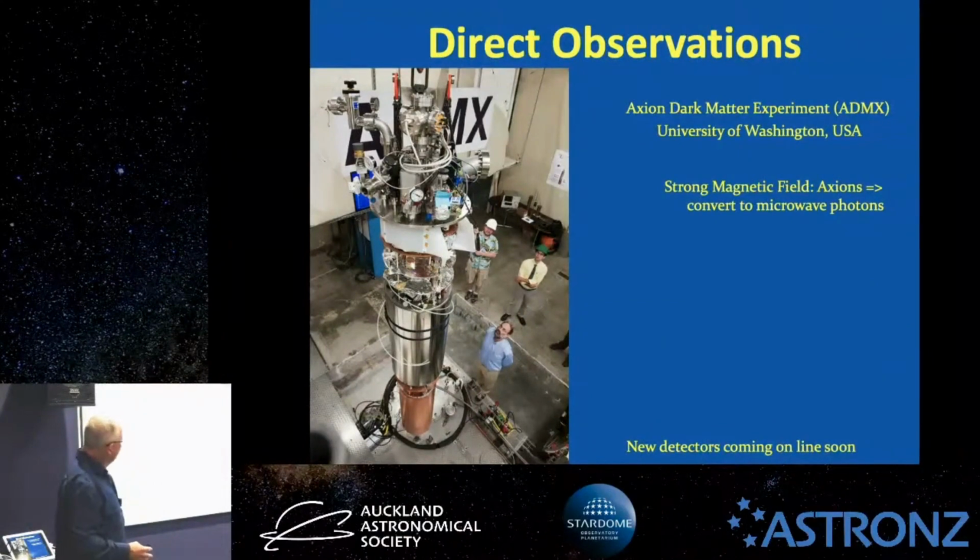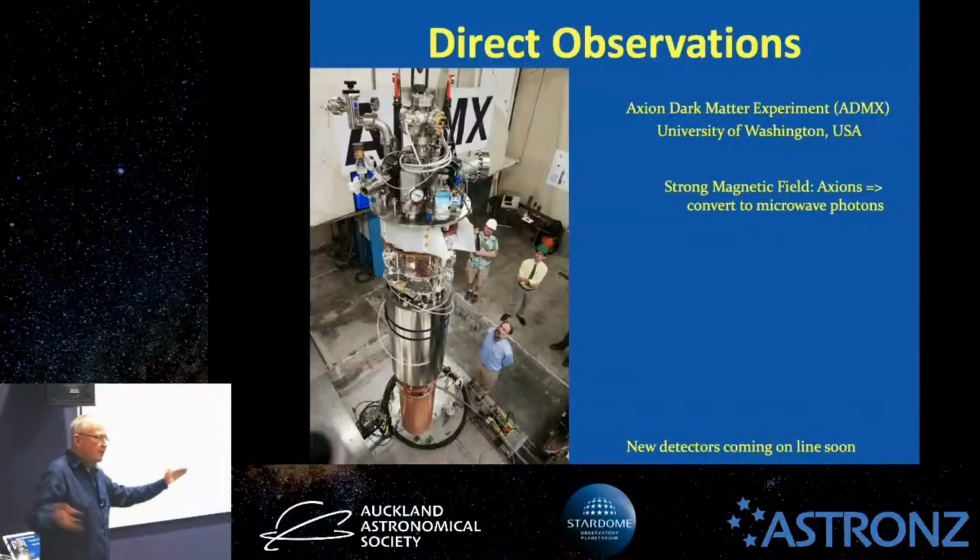The problem with that is these photons are really, really going to be faint, and they don't know quite what frequency they're going to be at yet. So there's been experiments that have all come up with negative results, but that's helping them constrain it down to maybe, if it is there, what sort of range of wavelengths they may be. So this is the first one here in the University of Washington.